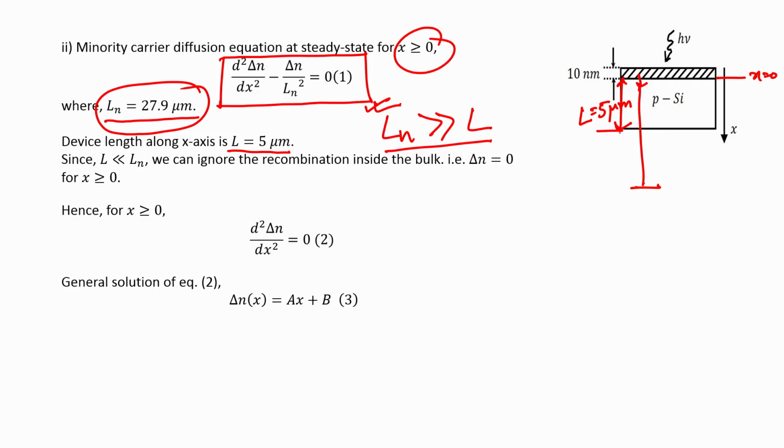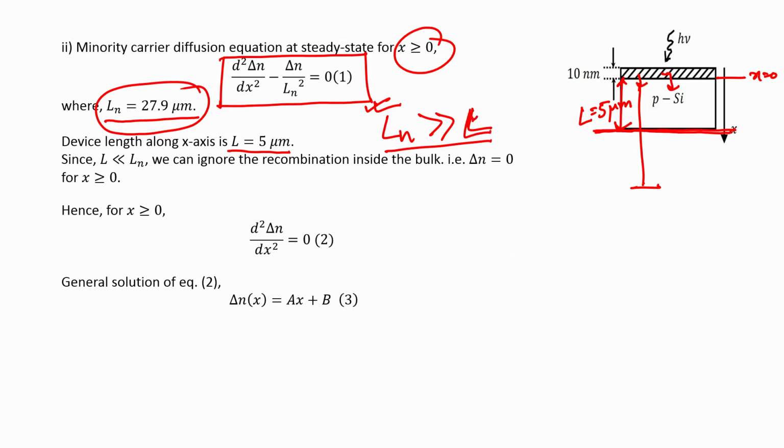But we have imposed a boundary at L equal to 5 micrometer. So, we can consider that all the electrons that are coming from the thin interface layer to the bulk will go to the opposite electrode, which is placed at L equal to 5 micrometer, without recombining with the oppositely charged hole. So, basically we can ignore any kind of recombination.